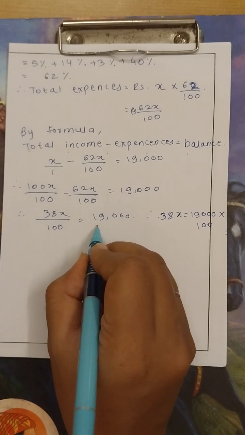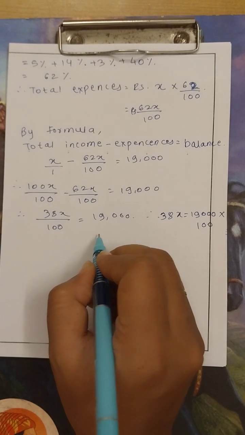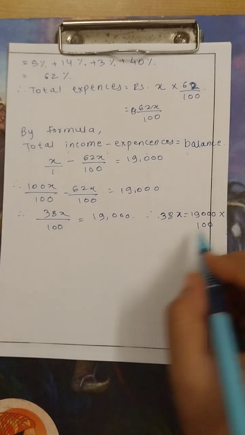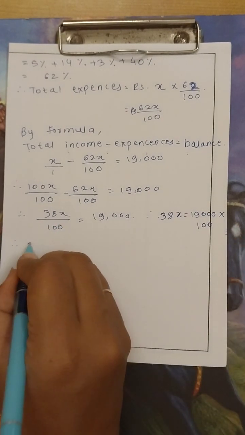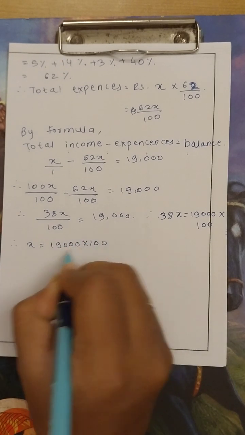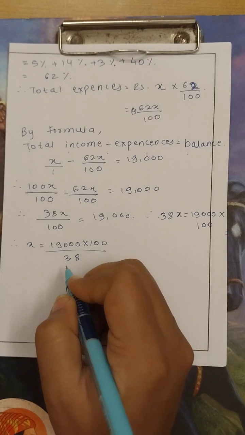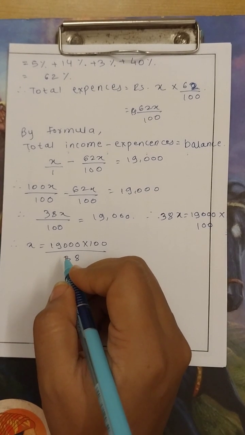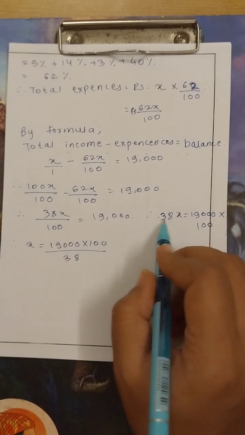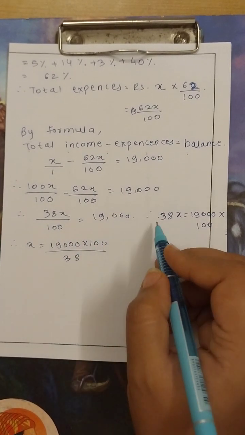Moving to the other side of the equal sign changes its sign. Yes, divided by 100 becomes multiplied by 100. Therefore x is equal to 19,000 into 100 upon 38. Why 38? Because this is multiplied by 38, moving to the other side of the equal sign it becomes divided by 38.